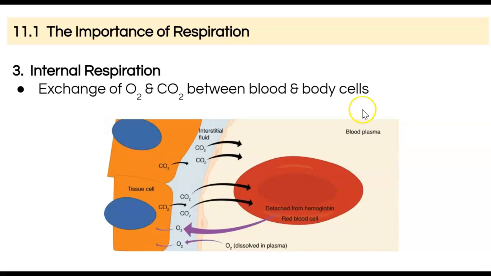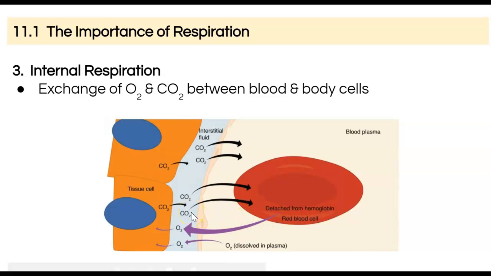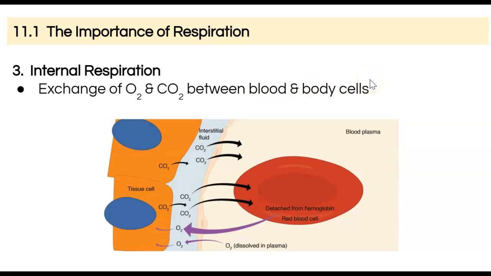Here we have your bloodstream, with your blood cells contained in it, carrying the hemoglobin, aiding in carrying that oxygen, and it travels to the target cell area or target tissue, where it detaches from your red blood cell, from the hemoglobin, moves into that interstitial fluid or extracellular fluid, and then across the cell membrane and into the cell. So that's all internal respiration is. It's just the movement of gases to and from the circulatory system to target tissues.